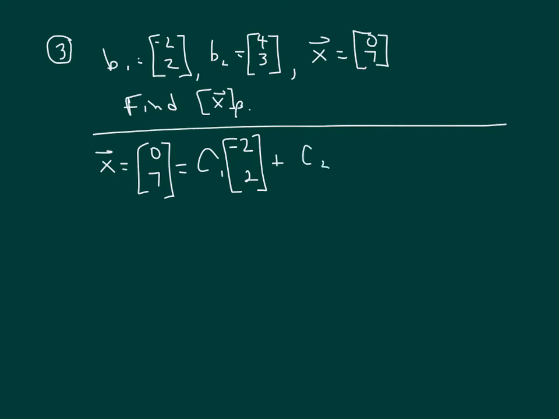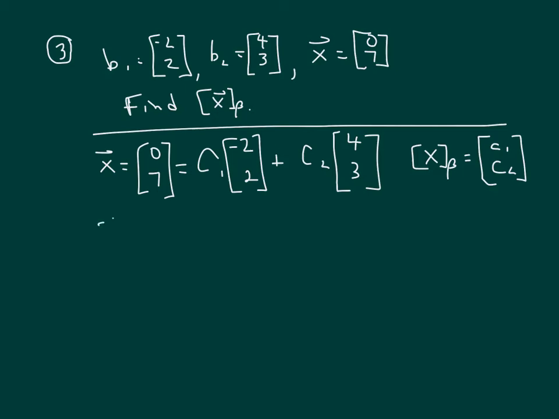So if x is a linear combination of the basis elements, then the coordinate vector is given by the coefficients c1 and c2. So we want to find what c1 and c2 are.